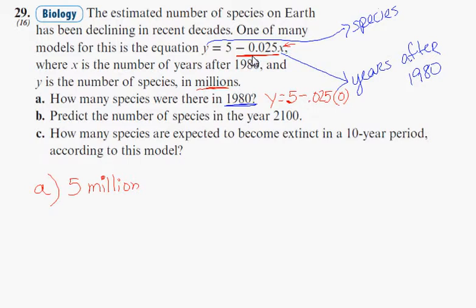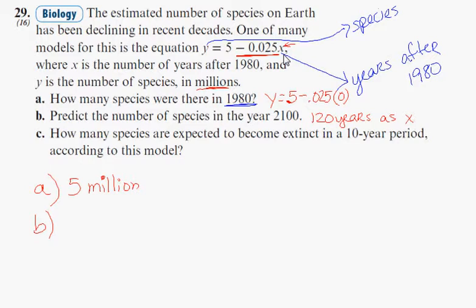It says predict the number of species in the year 2100 for letter B. Oh, goodness. Okay, so from 1980 to 2000 was 20 years. So then from 2000 to 2100, that's 120 years. I hope you can see that, 120 years as x, because remember, x is the number of years.